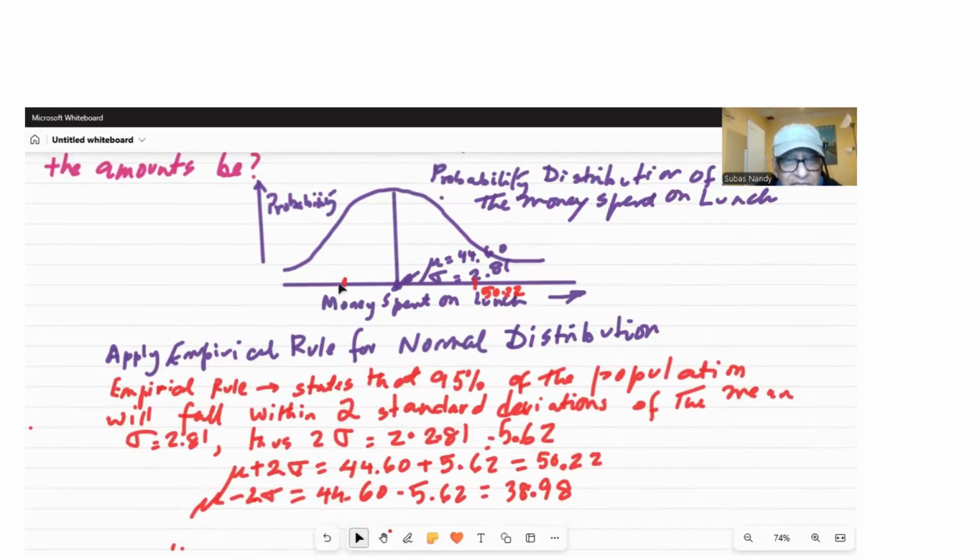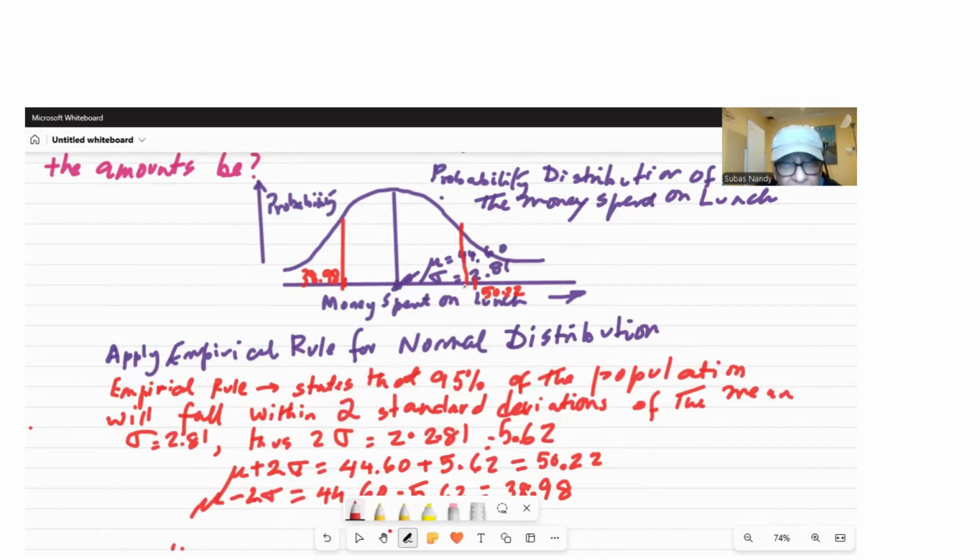So this is 38.98, this particular point.